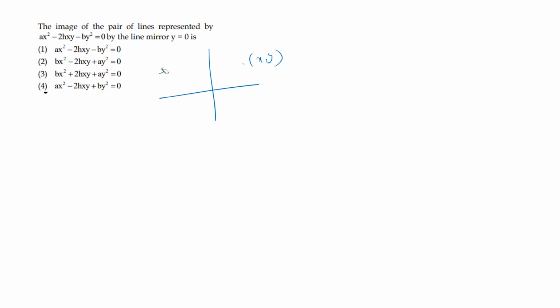Sorry, y is equal to 0 means which axis? X axis, not y axis. For this image, what is the point? X is positive, y is negative. That's why in the equation we replace x by x and y by minus y. Then we get option 4 is the correct one. Okay.